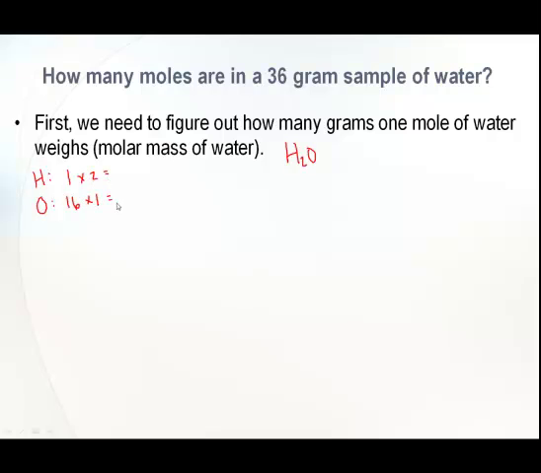So I'm going to multiply these numbers by how many atoms there are of that particular atom. So for hydrogen, there's 2, so 1 times 2 gives me 2. For oxygen, there's 1, so 1 times 16 is still 16. So whenever I add these up, that'll give me the molar mass of 18 grams per mole. So 1 mole of water weighs 18 grams per mole.